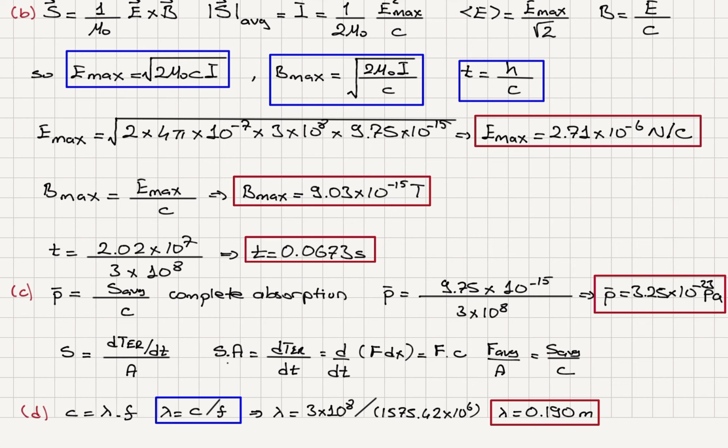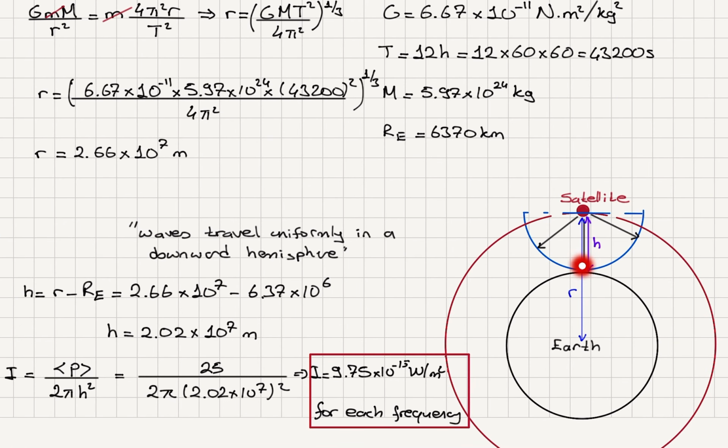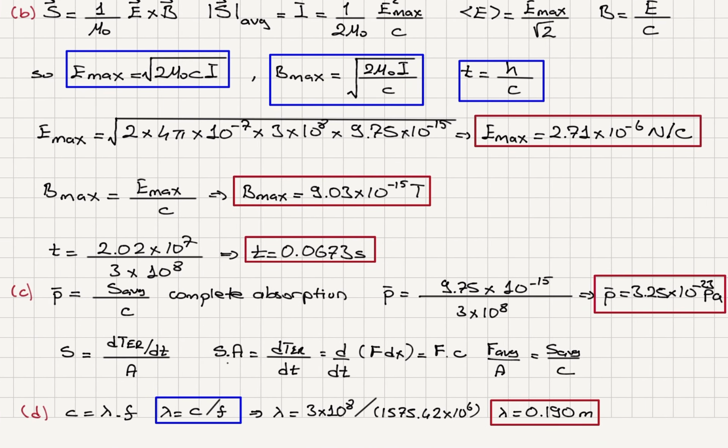So in this part of the problem, first we calculated the maximum electric field and magnetic field components. Using the average value of the Poynting vector, equal to the intensity, which is 1 over 2 mu 0 E max squared over c, we can write E max as the square root of 2 mu 0 c times the intensity, and B max is E max over c. The travel time is the altitude h it travels with the speed of light c, so h divided by c.